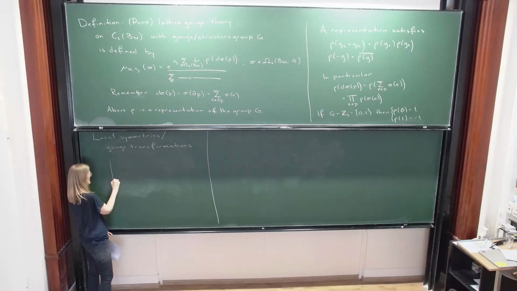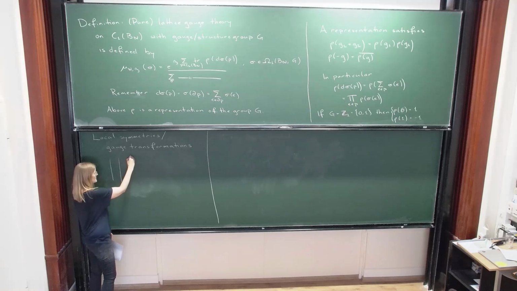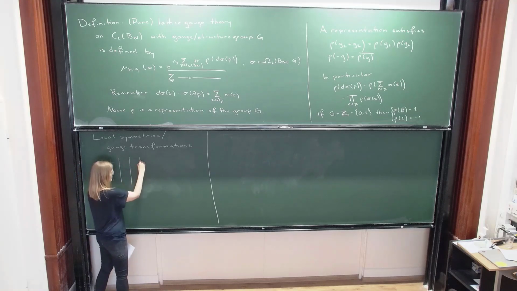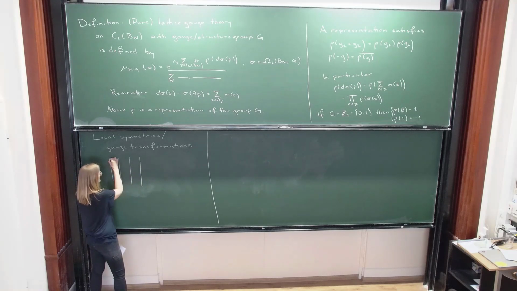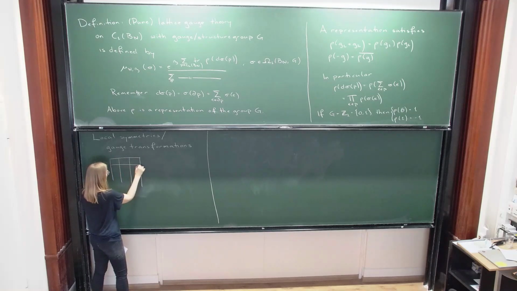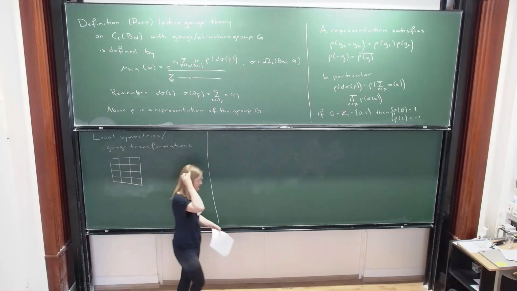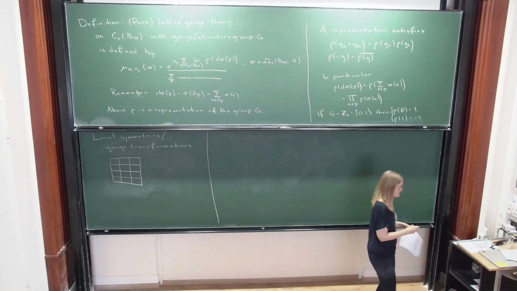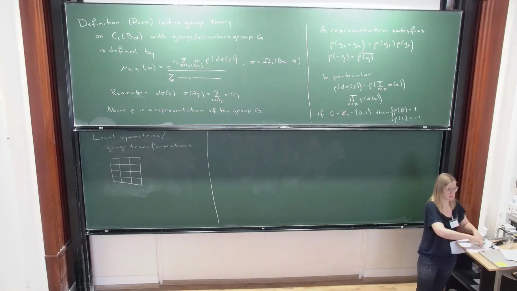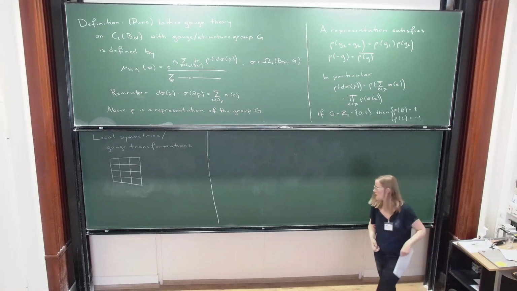So now assume we have a lattice, and this works in any dimension where you can define the model, so the dimension has to be larger than 2. But here's a very small two-dimensional lattice. And assume we have some kind of form. So we have some spin value, the group value, for each oriented edge.